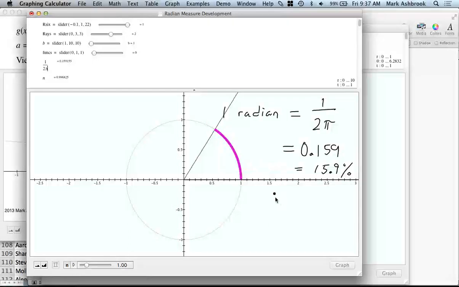So we take 0.159 times 360, and you say, tell me again? 57.3 degrees. So in terms of converting from, say, radians to degrees, or there's other systems of measuring angles, if you just do it in terms of percent of the circle, there's nothing to memorize.